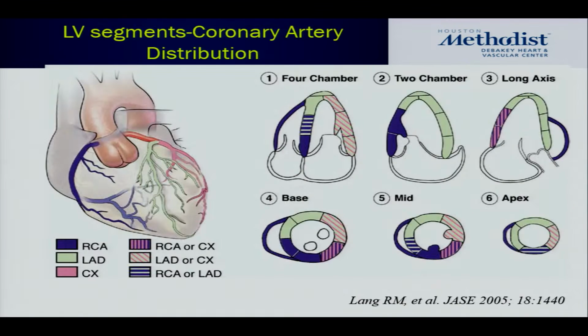So this is the segmental division of the LV that has been used for over 20 years, where we use 16 segments plus the tip of the apex as the 17th segment. And each segment has a coronary artery distribution, as seen here, and I think most of us are pretty familiar with that distribution.